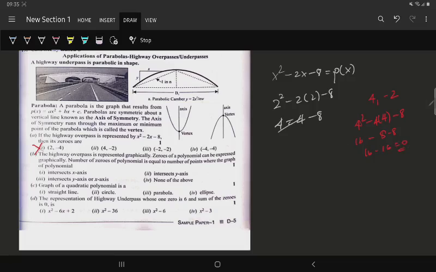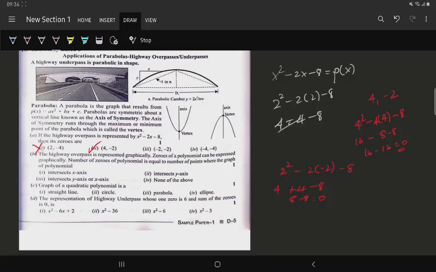The same way, if I substitute minus 2, I get 2 square minus 2 into minus 2 minus 8. 2 square is 4, minus into minus is plus 4, minus 8, 8 minus 8 is 0. So my answer is the second one. The zeros are 4 comma minus 2 for the highway overpass.